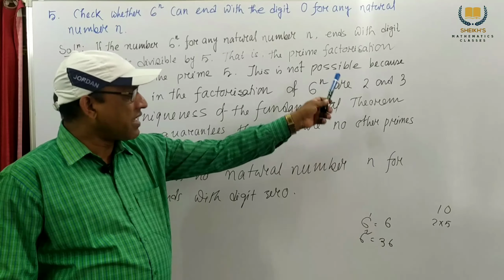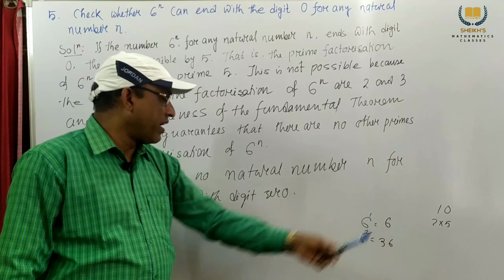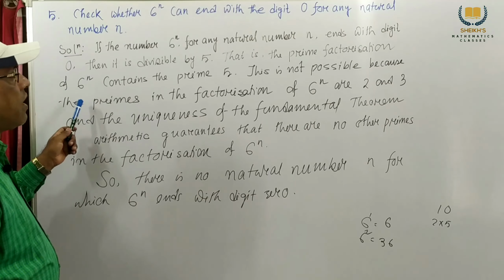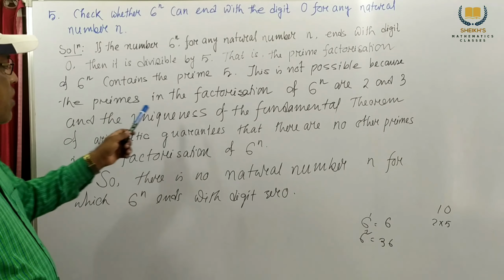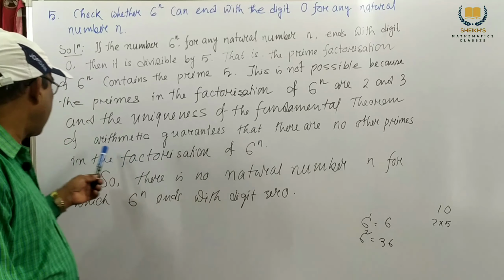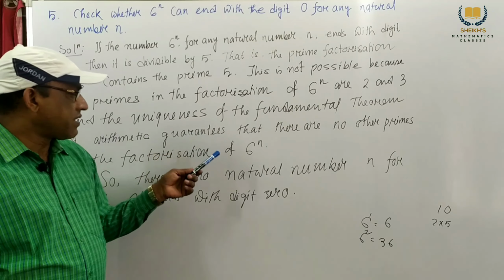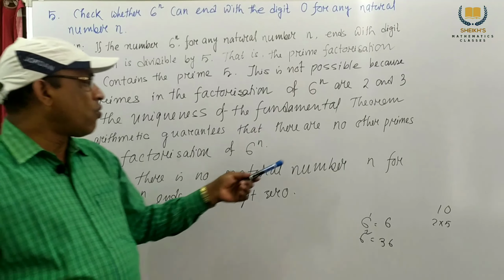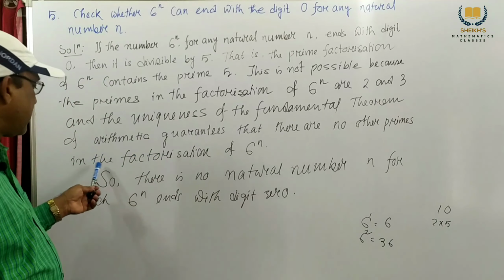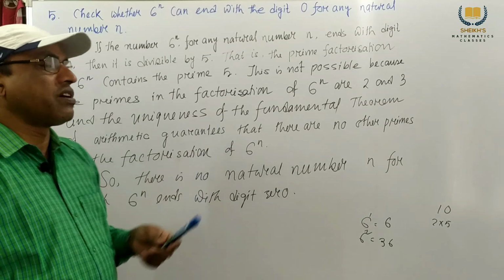The uniqueness in the fundamental theorem of arithmetic guarantees that there are no other primes in the factorization of 6 to the power n.